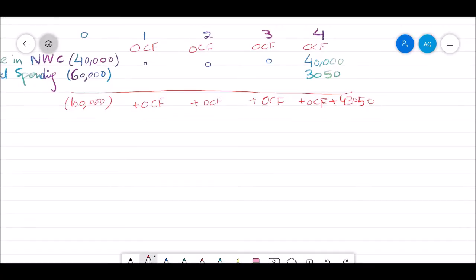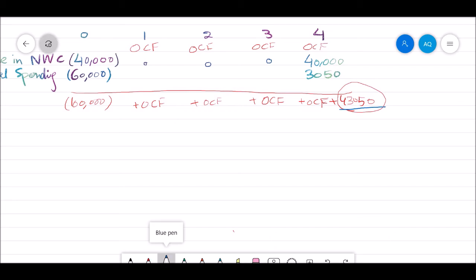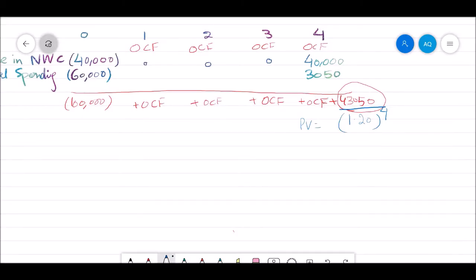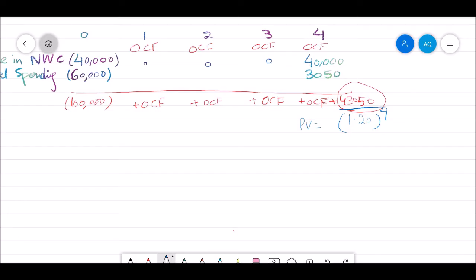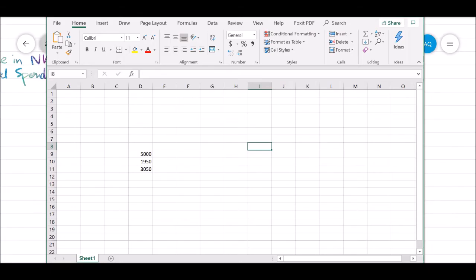So what we can do here is we can just discount only one thing, and that is this one. If we discount it with our 20% discount rate, n will be 4. What will be its present value? 43,050.